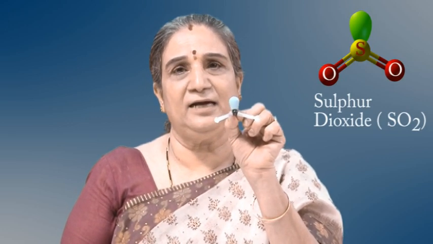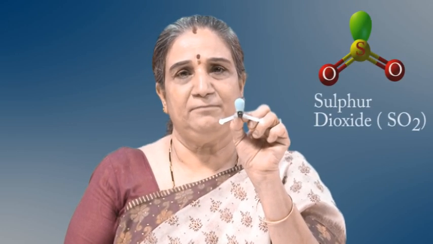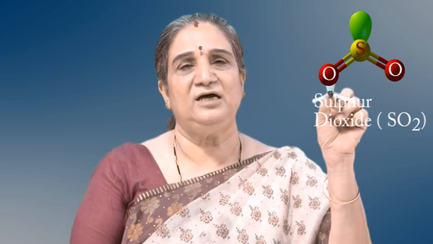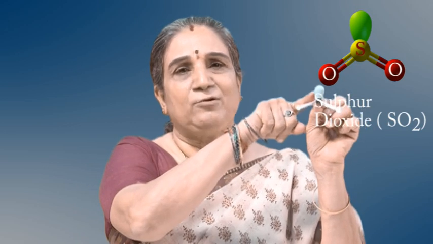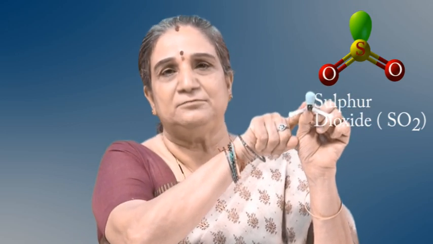The expected angle of a bent structure is generally 120, but this molecule has a 119 degrees angle, 119.5 to be precise. This is because of this lone pair of electrons on the central atom.